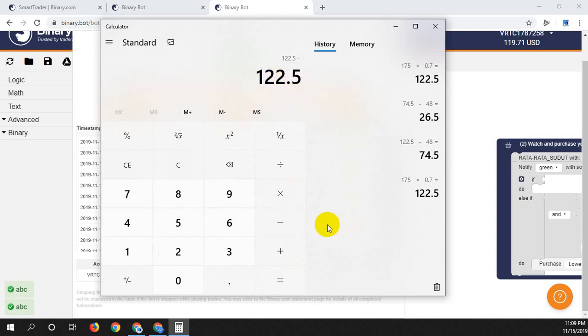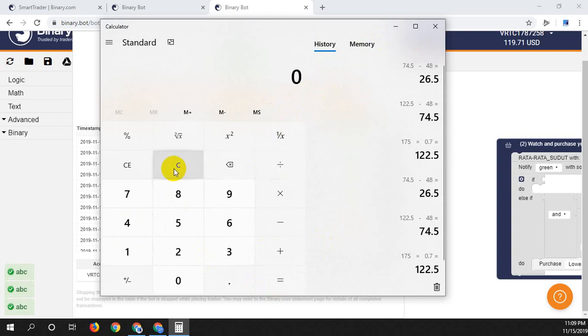So minus 48, again minus 48, because 48 multiplied by 2, 96 loss, and 122.5 profit, so equal just $26.5.